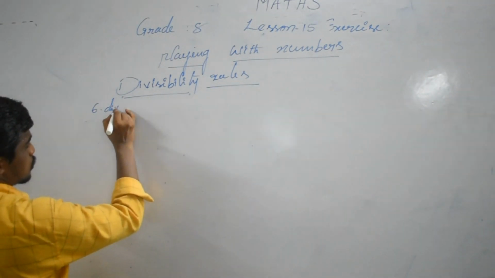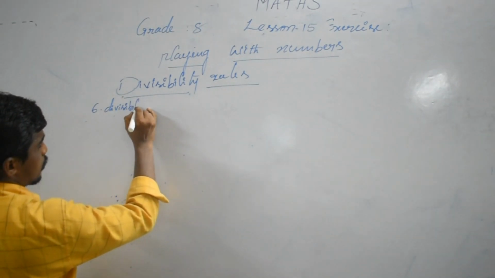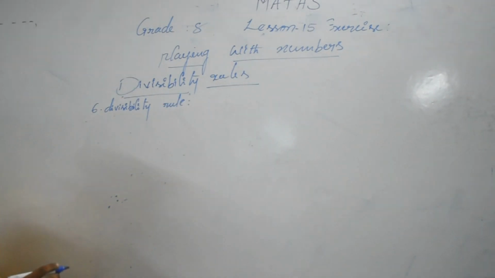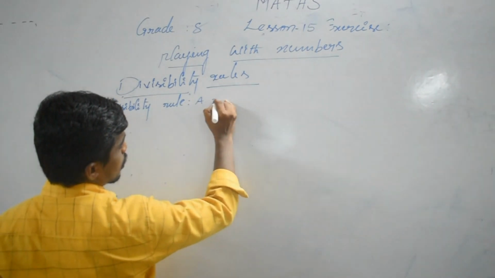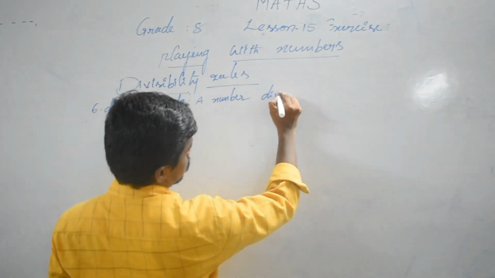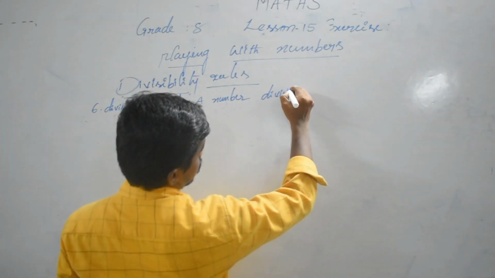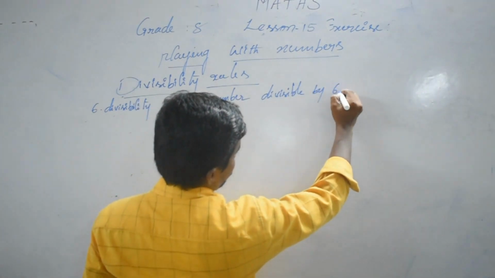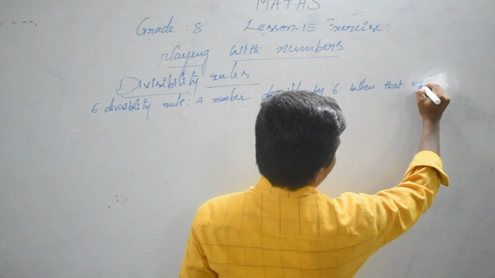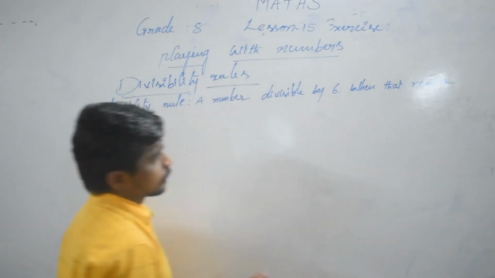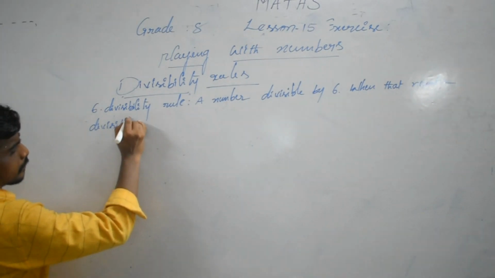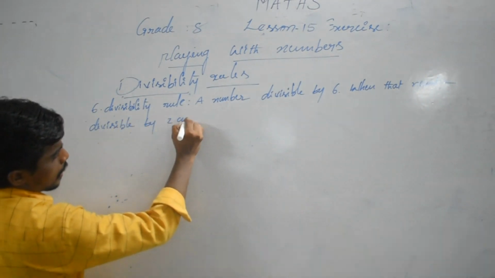Six divisibility rule. A number is divisible by 6 when that number is divisible by 2 and 3.